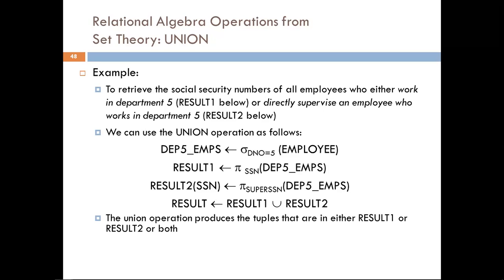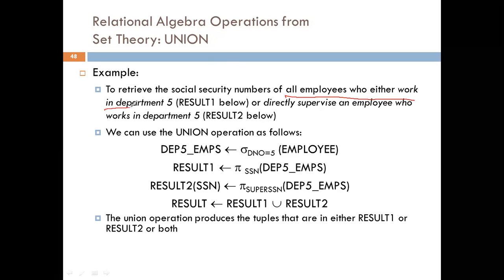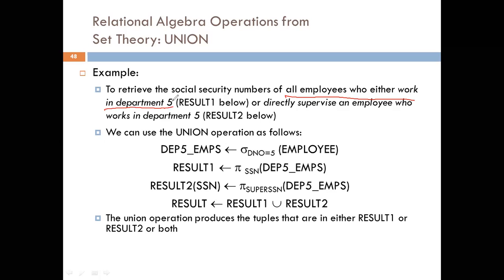The first part is about extracting the details of the employees who work in department number 5. And the second part is those employees who are supervising the employees who are working in department number 5.